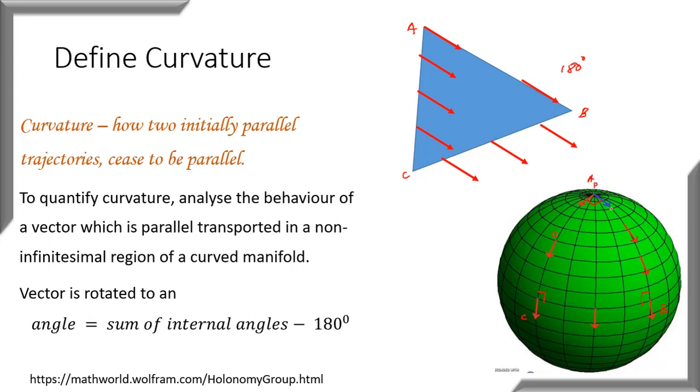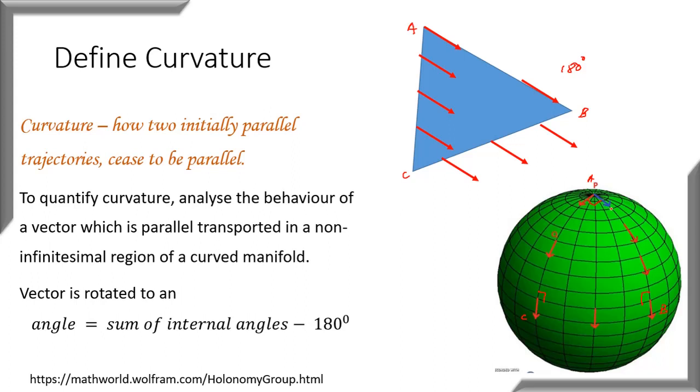To quantify the very notion of curvature, I can analyze the behavior of a vector which is parallel transported on a non-infinitesimal region in a curved manifold. But remember, it is okay to be in a local Lorentz frame, but we can transport it in a non-infinitesimal, significant region in a curved manifold.